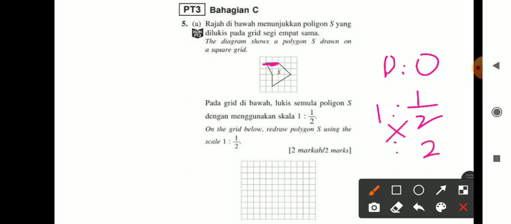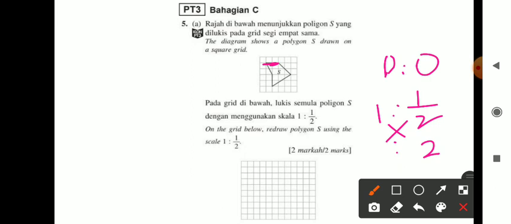This one you draw on your own. Drawing to original. You try this on your own, okay? 1 to half. You compare side to side. If the original object is 2 units, then how many units does the drawing need?